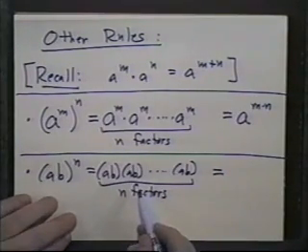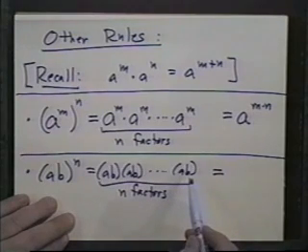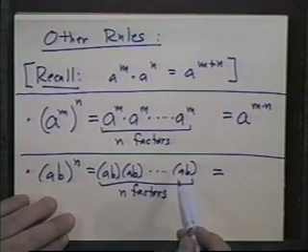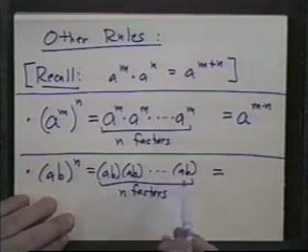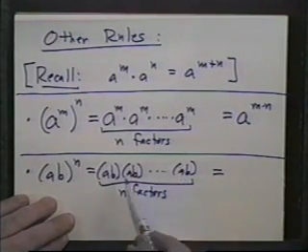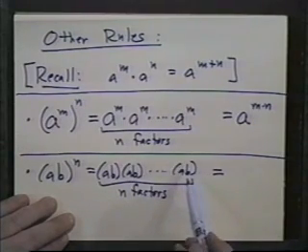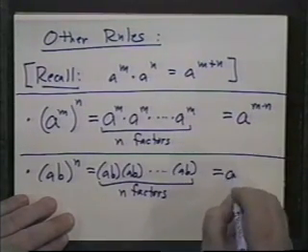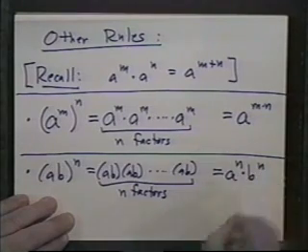Well, from what you know about numbers, multiplication can be reordered any way you like. So I have how many a's here? Well, I have n of these ab's, so I have n a's. I also have n b's. So if I reorder them differently, this is a to the n times b to the n.